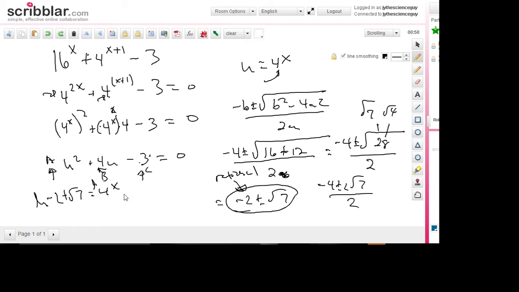I'm just running out of space. So I have x is equal to the log of negative 2 plus root 7, all over the log of 4. Okay.